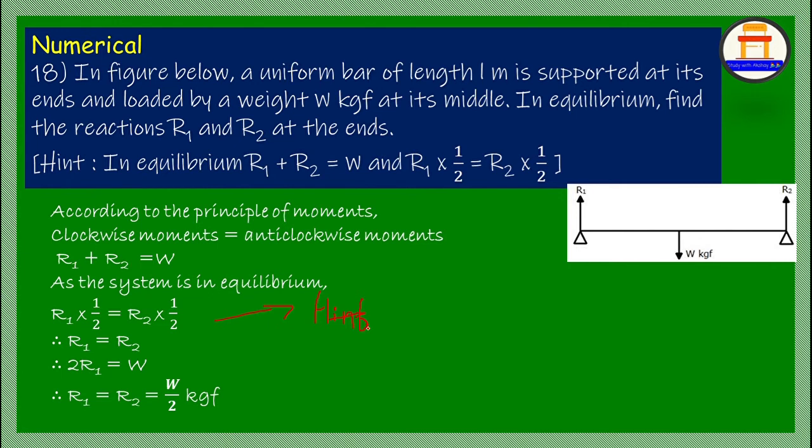So R1 equals R2. 2R1 is equal to W. Then R1 equals R2, that is W by 2. So this step is brought over here, and we are solving it.